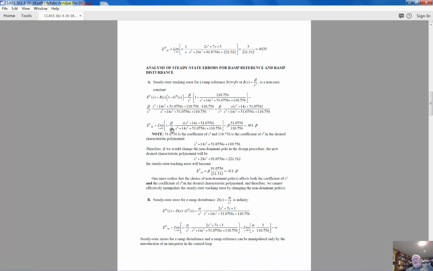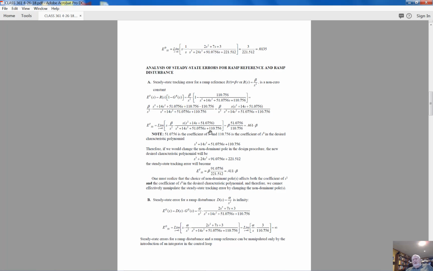I have beta divided by S squared, and I can factor out S from the numerator of this expression. So I have S and another S in the numerator. I have S squared in the denominator, and now in the numerator I have 51.756 constant.